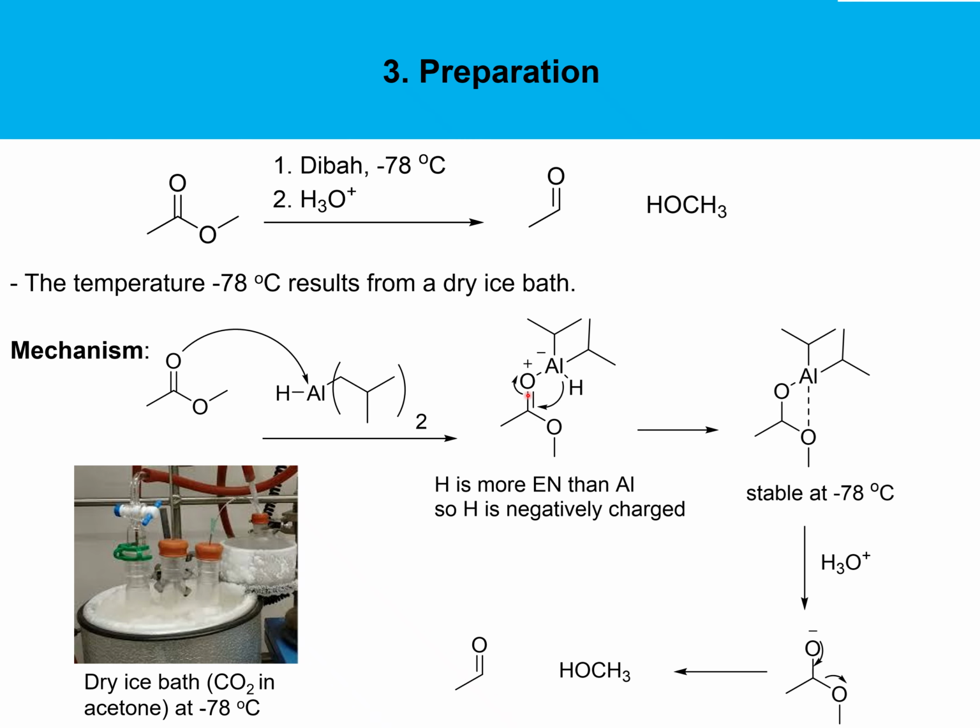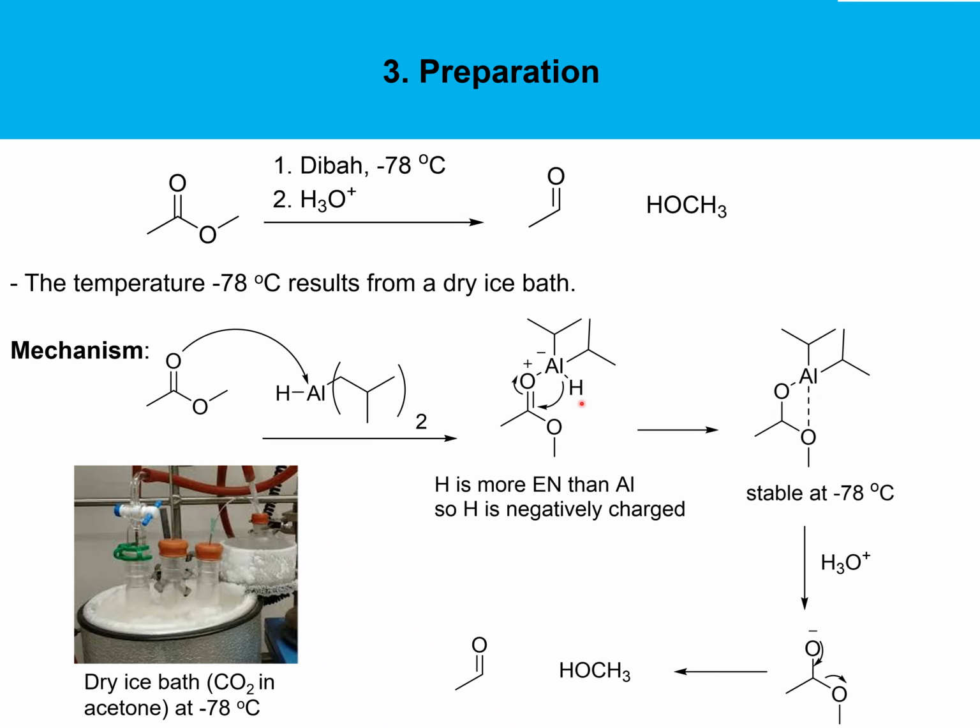So even though formally there's a positive charge on the oxygen, this intermediate behaves as if we had the charge on the carbon, and the hydride will attack the carbon and then break the double bond to give us our next intermediate.